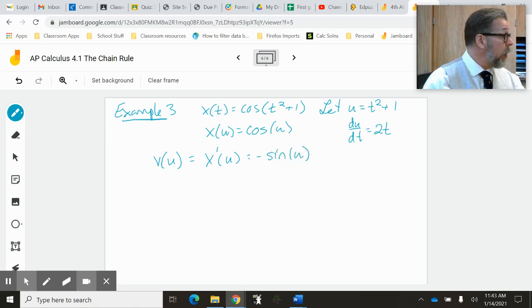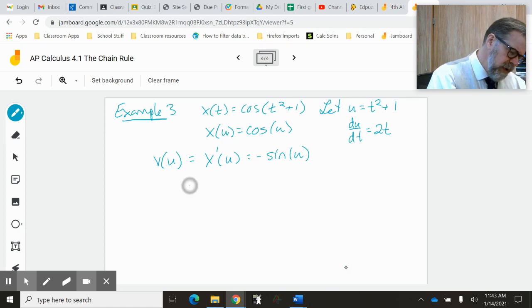And so now we can say that the derivative of x with respect to time is equal to, well, I hate the fact that I switch back and forth in my notation. I'm going to just write this like this: the derivative of x with respect to u times the derivative of u with respect to time, which is negative sine u times 2t.